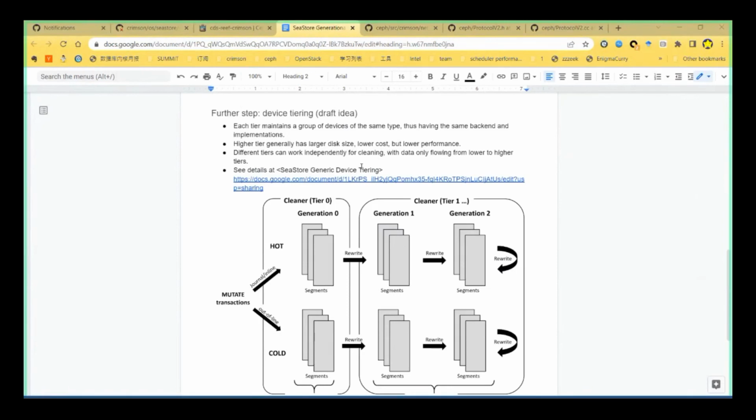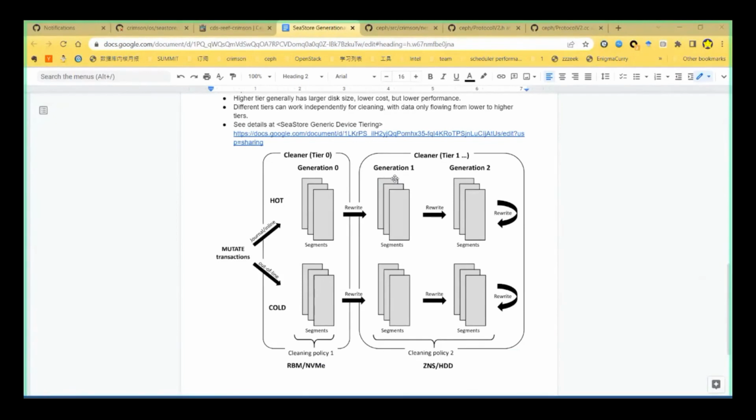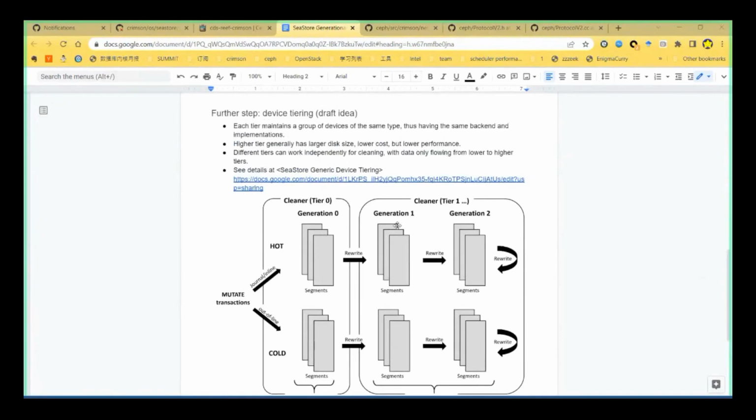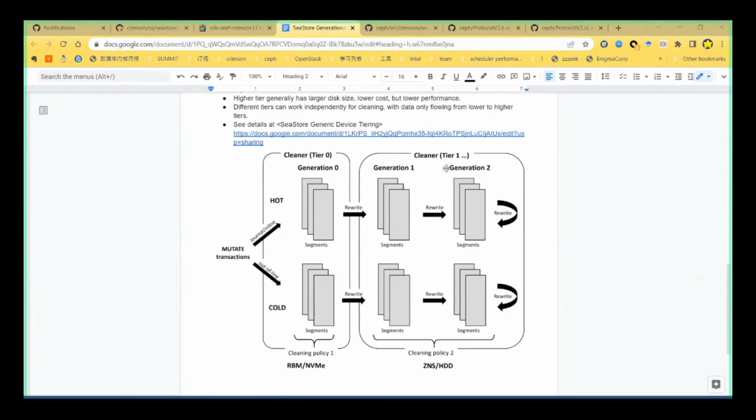So the generation will help us place different data into different tiers, because a larger generation number also means that the data will become colder, and it doesn't require frequent accesses, so it can be placed into higher tiers. And because each tier has different characteristics of access patterns, we can use different types of devices.